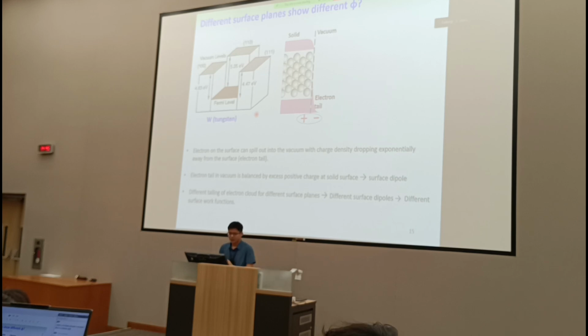Here it is. Because electron density can leak into the vacuum. The biggest difference is that there are different crystal phases: the atom packing on the surface is different, the packing density is different.